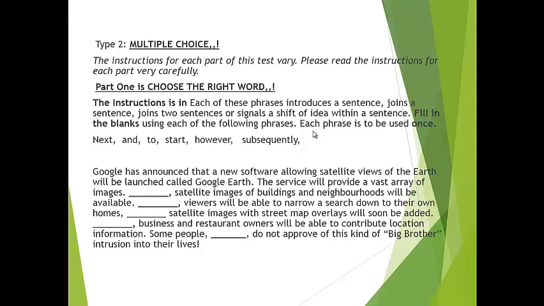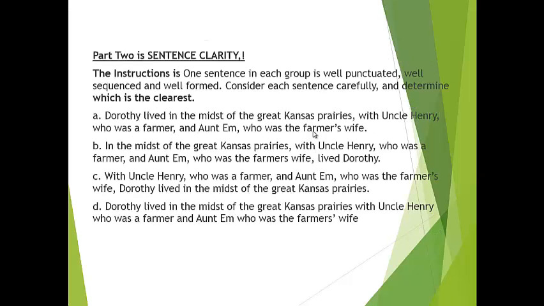Part 2 is sentence clarity. The instructions: one sentence in each group is well punctuated, well sequenced and well formed. Consider each sentence carefully and determine which is the clearest. Part 3 grammar analysis.